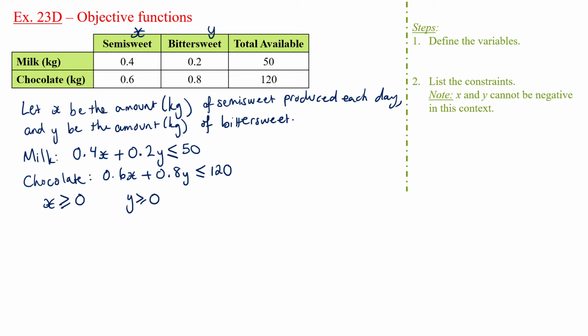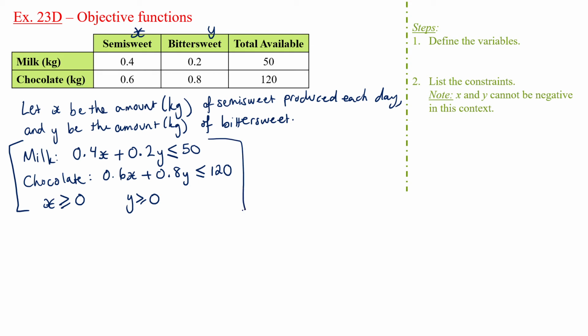So they tend to be X is greater than 0, Y is greater than 0, or X is greater than or equal to, etc. All right. So we've listed our variables. We've allocated X to the word semi-sweet and Y to the word bittersweet, so we don't have to keep writing those words over and over. We've listed our constraints. We have 4 of them.